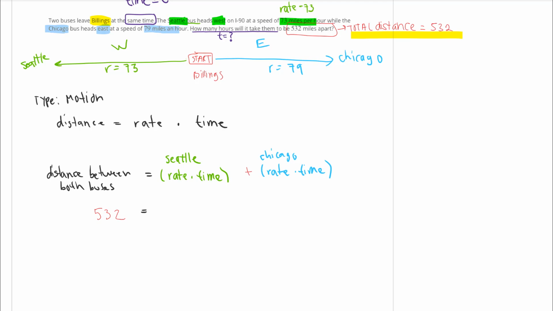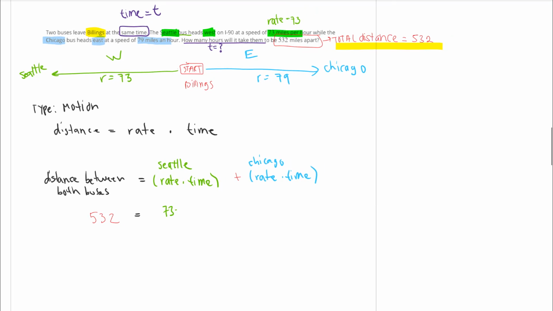The Seattle bus, well, I know that that rate was 73 because it said rate is equal to 73, and it's being multiplied by the time. And here time is unknown, and I said that time was going to equal t. And my Chicago bus here, I have my rate, which was my 79, and it's also going to have t for time, since they both travel the same amount of time, right?